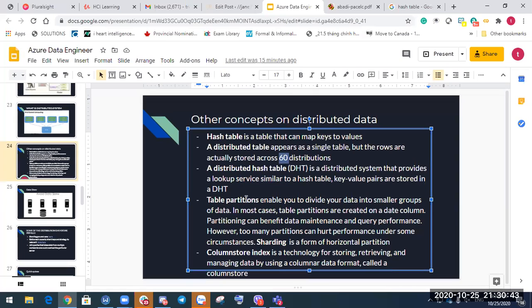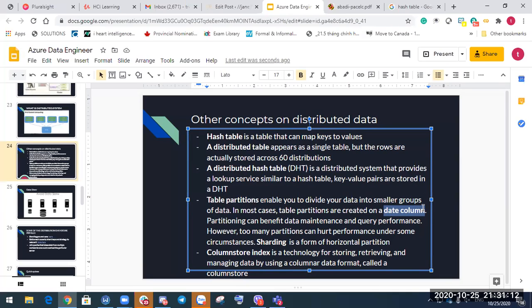Another concept I want to raise is table partition. Table partition enables you to divide data into smaller groups. In most cases, tables are partitioned on a date column, and remember this. Sharding will be very different from this, and you don't want to use a date column for sharding.